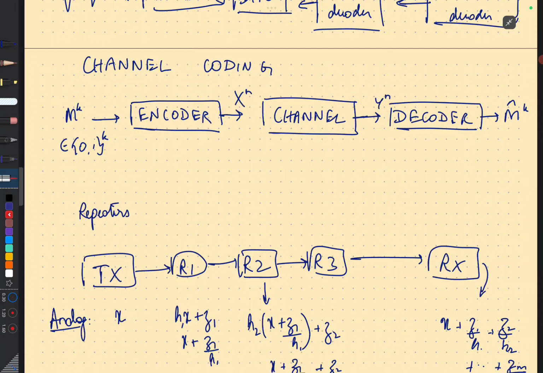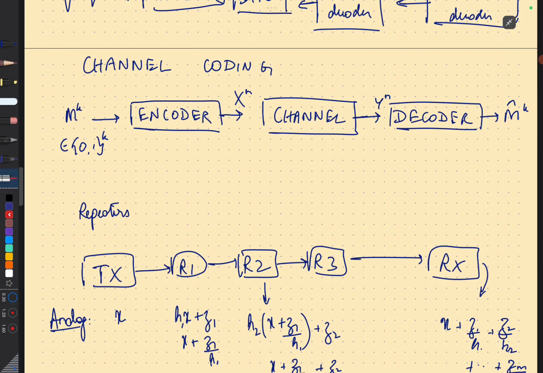You have a k-bit message, and you're using the channel n times. If n is large, it means that you need longer to transmit. So you want n to be as small as possible for a given k, and you want to make sure that M_k hat is equal to M_k with high enough probability.